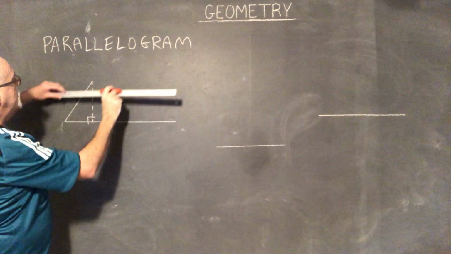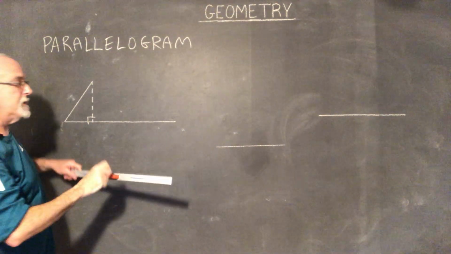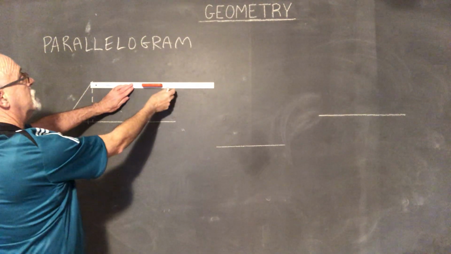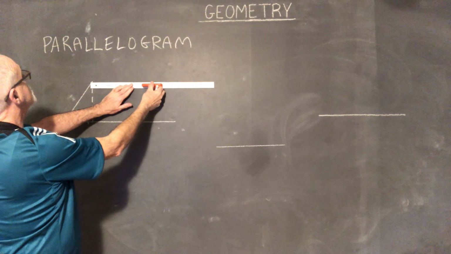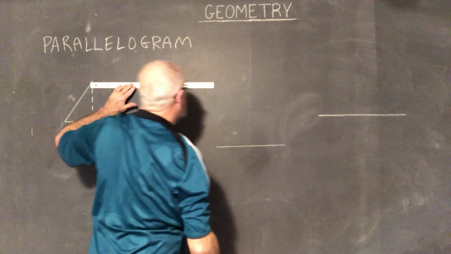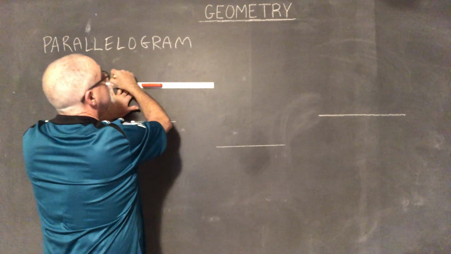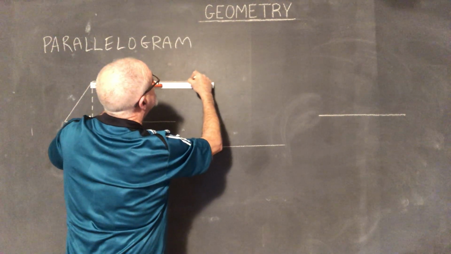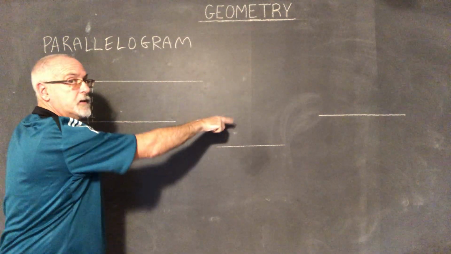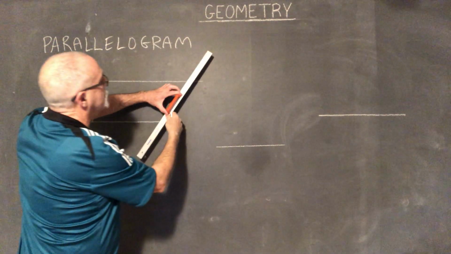Then, judging parallelism by eye, I'm sort of freehanding here. I am holding the edge of the ruler so that it's parallel to that base I drew, and I want another base that's the same length, which was 22 inches. So 22 inches brings me all the way over here. I have to be careful I don't cross into the territory of the next parallelogram.